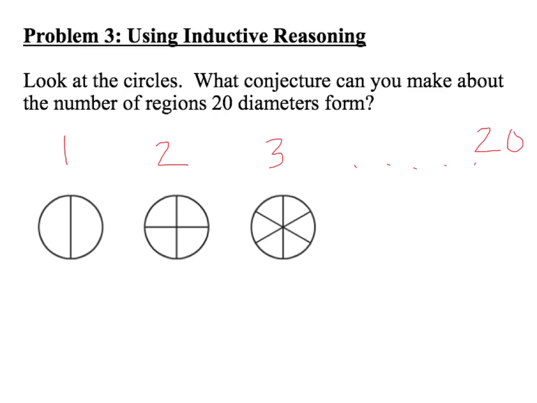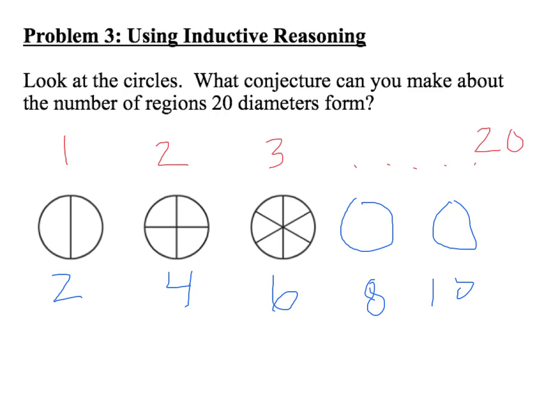So my first term, there's 2 spots. In my second term, there's 4 spots. In my third term, there's 6 spots. So it looks to me that I'm counting by 2, because my next circle would have 8 spots in it, and then I would have 10 spots, and that would be my 4th and 5th term.